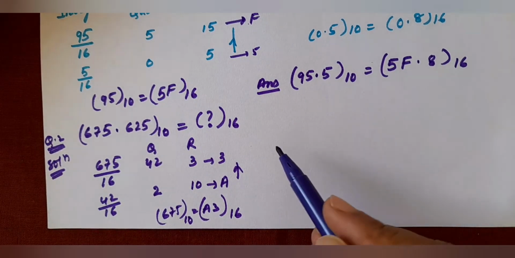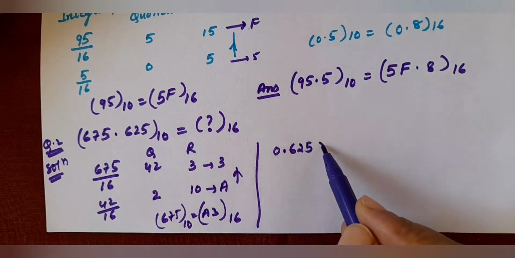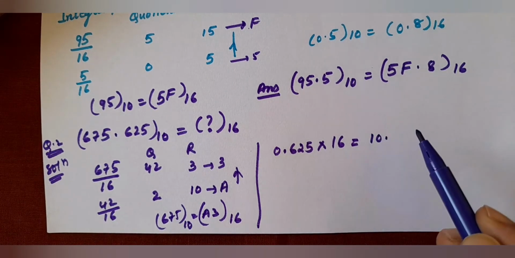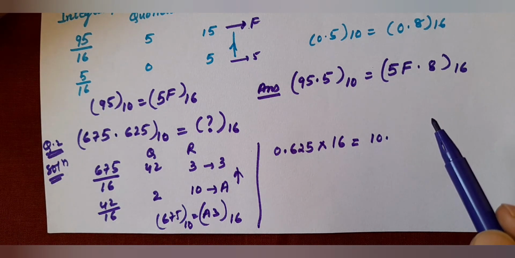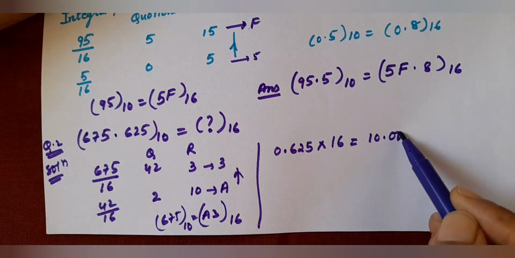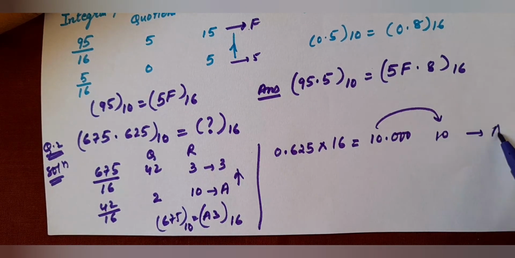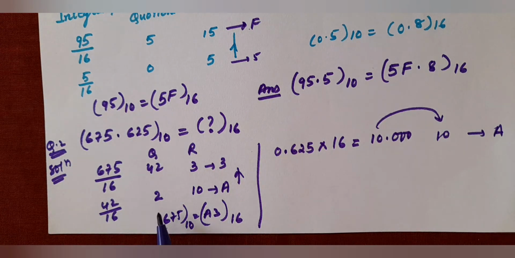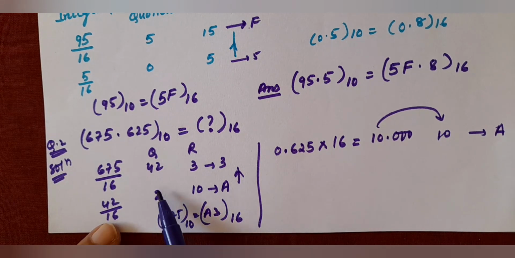Now, coming to the fractional part, 0.625 into 16. Multiply it, we will be getting 10.000. So take this 10. What is 10 in hexadecimal? Written as A. So here, the answer will be, you have to take this 2 also, because you are not left with 0.